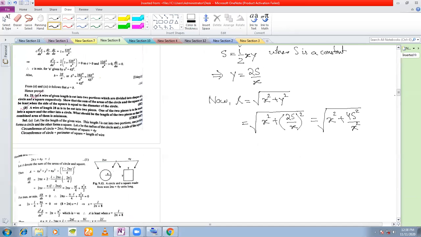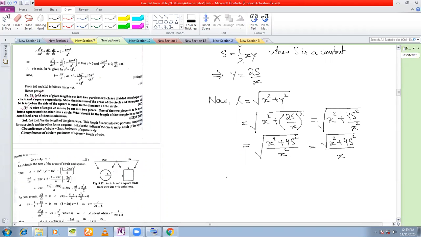So when s is constant, 4s square is also constant. Now if you take the LCM here, you will get root over of x to the power of 4 plus 4s square divided by x square. That means this becomes root over of x to the power of 4 plus 4s square divided by x only, right?